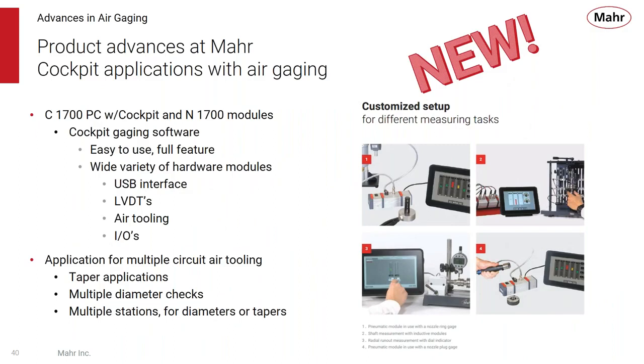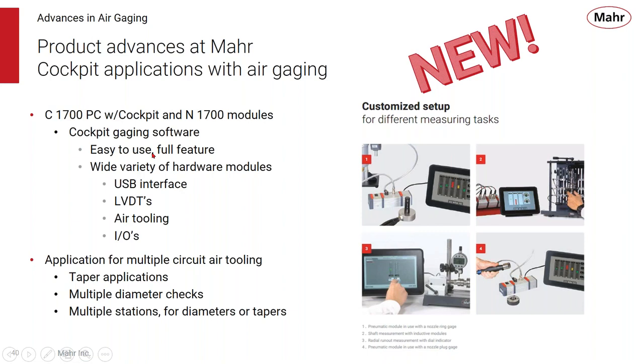Also new this year, started at the end of last year, is our C1700 PC. Again, this is our modular-based air system where you can have a standard USB module, interchangeable modules for LVDTs, air tooling, input-output control, all run by our cockpit gauging software.